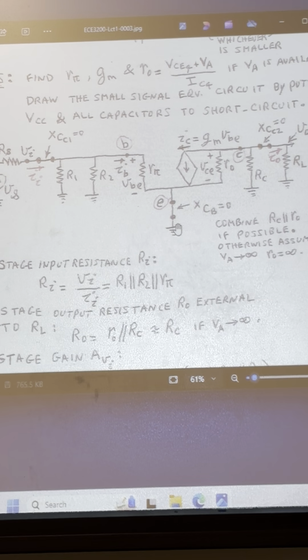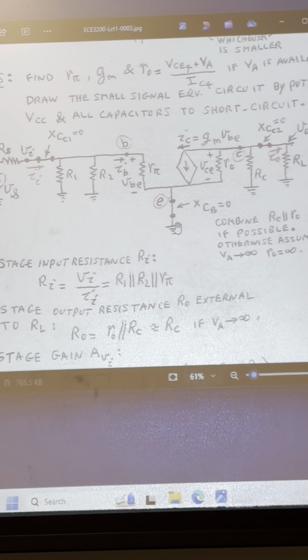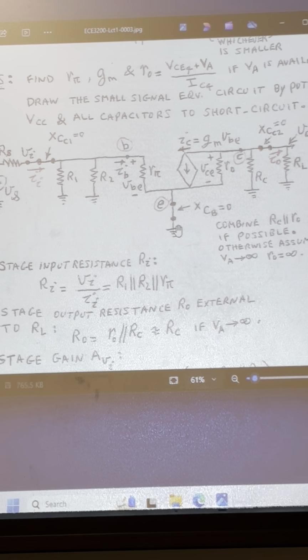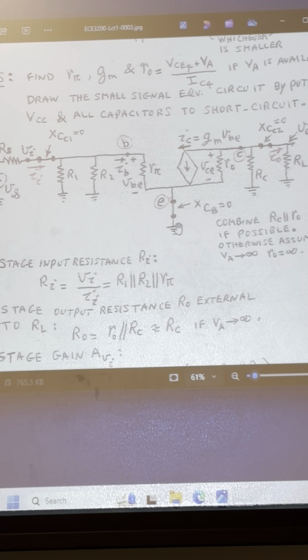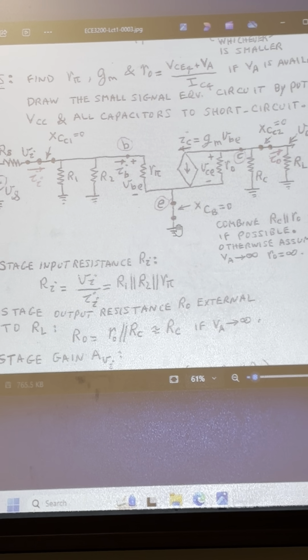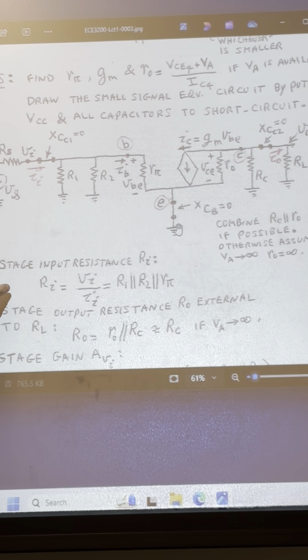It's not the same as the voltage here. It's different. There's a source resistance in between. So the final destination is to link VO to the VI, and then link VI to VS, which can be done very easily. So this is the procedure.